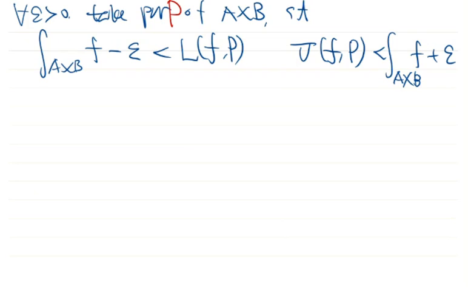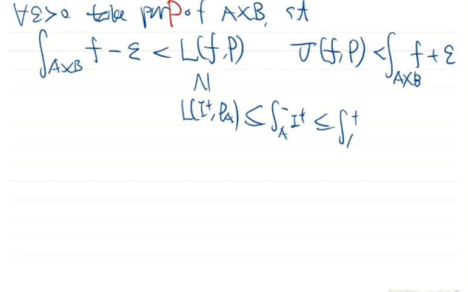Then our previous computation tells us that this will not be greater than the lower integral of I plus over A, and will not be greater than the upper integral of I plus over A, and then this will not be greater than the upper sum of I plus PA.